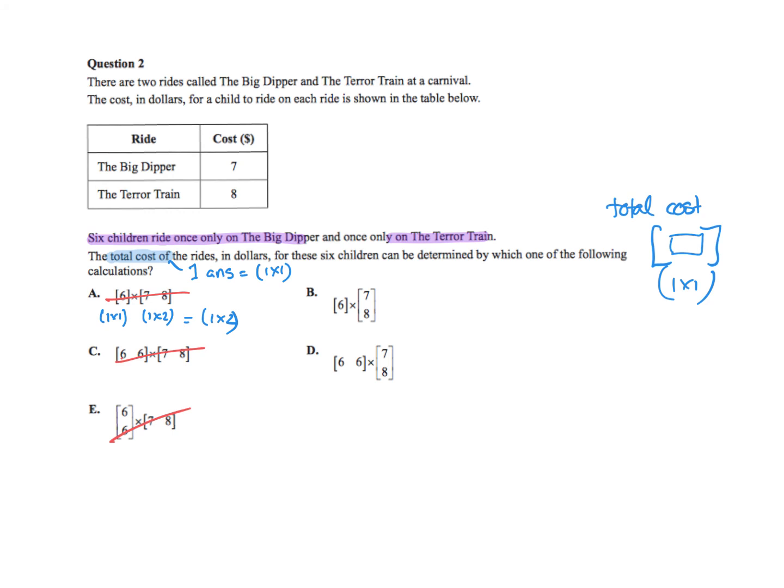So let's just double check this one. So this would be a 1 by 1 with a 2 by 1. It's not even possible, is it? No. So now I'm down to this one, which is a 1 by 2 and a 2 by 1, which is possible and will give me a 1 by 1. And if you look at it, it will work because you'd go this row with this column, 6 times 7 plus 6 times 8, that will give you the total cost, isn't it?